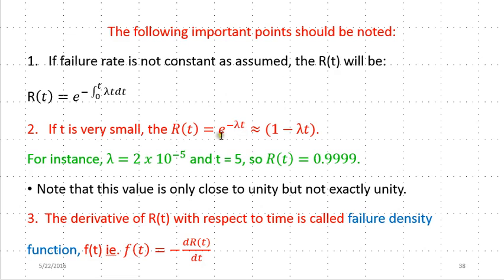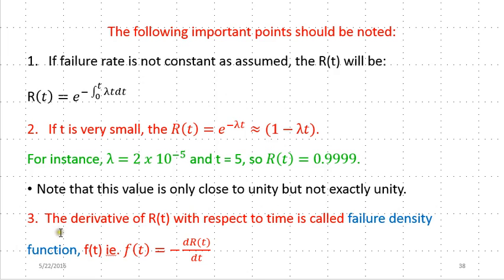If you substitute directly into these two expressions, it will give you the same thing, meaning they are approximately equal to one another. We should also note that this value is only close to 1. This 0.999 is not equal to 1, but it is very close to 1, because we said there is no system that will be 100% efficient.